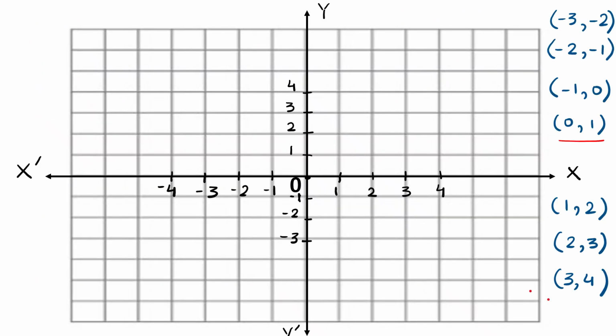When x is 0, the value of y is 1. This is the point. When x is negative 1, the value of y is 0. When x is negative 2, the value of y is negative 1.